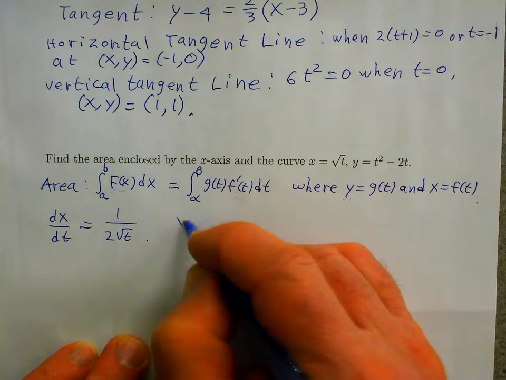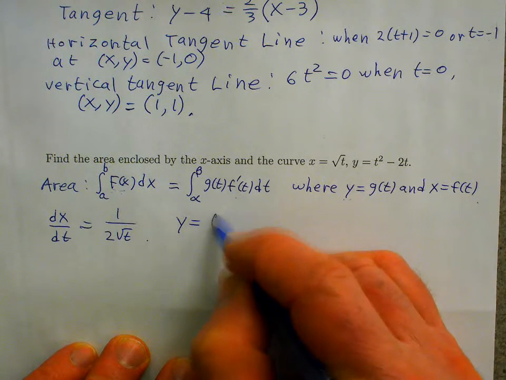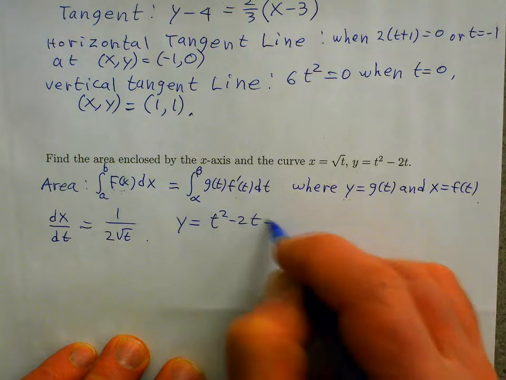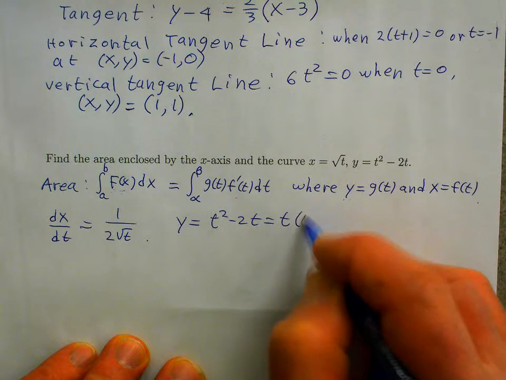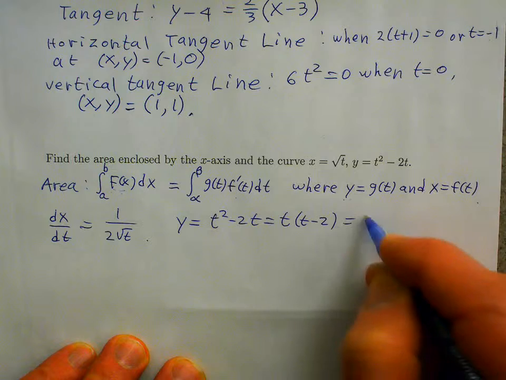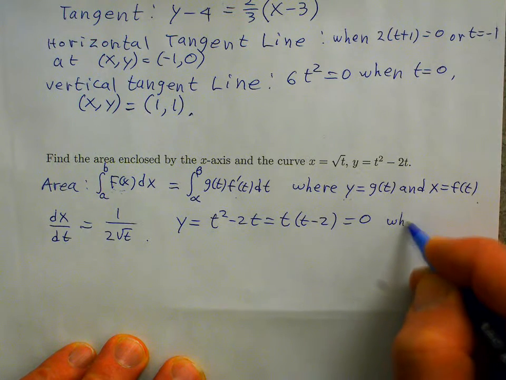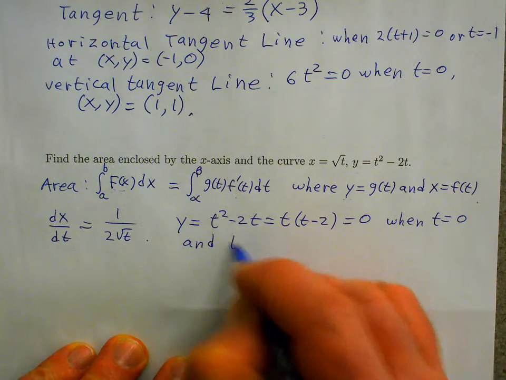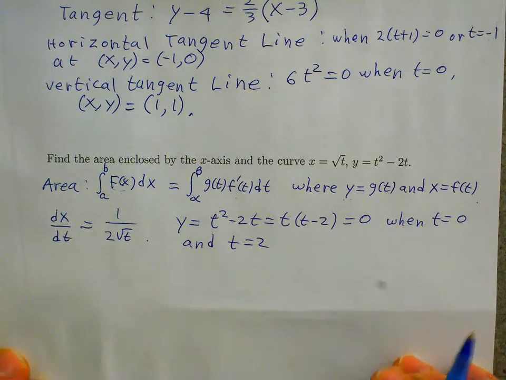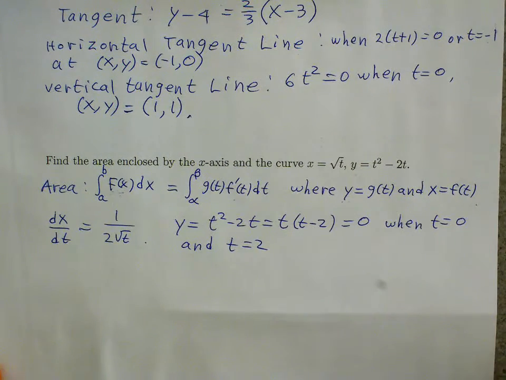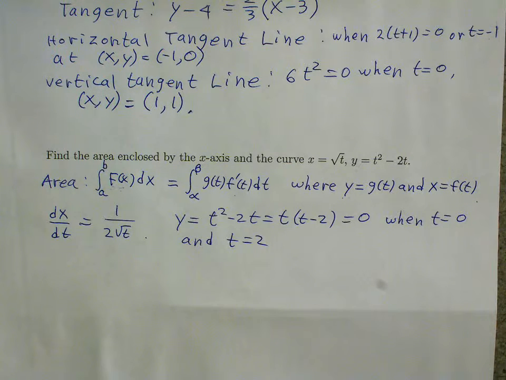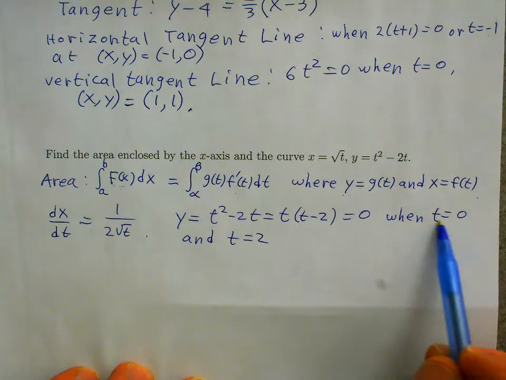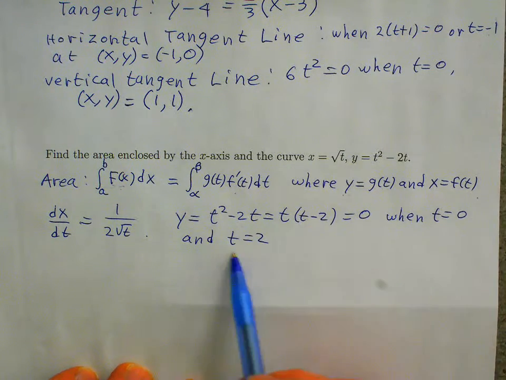So y equals t to the second minus 2t, in factored form, t times (t minus 2). That's equal to 0 when t is 0 and t equals 2. So the enclosed area will have to be between t equals 0 and t equals 2.